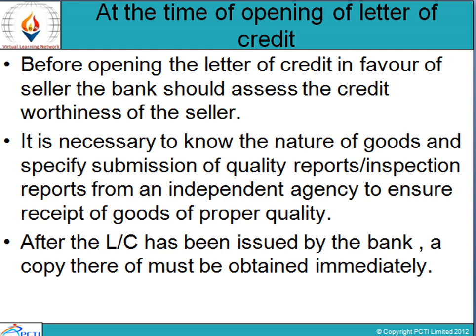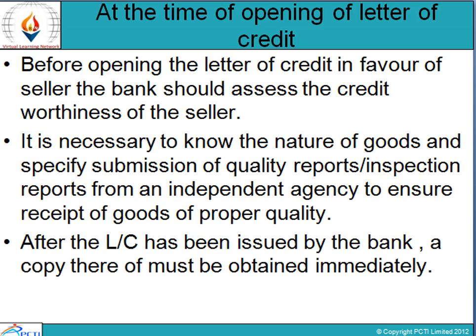Now there are precautions at the time of opening of letter of credit. Before the letter of credit is opened, it should be in favor of the seller. The bank should assess the creditworthiness of the seller. The second precaution is that it is very necessary and essential to know what kind of goods and the specification.